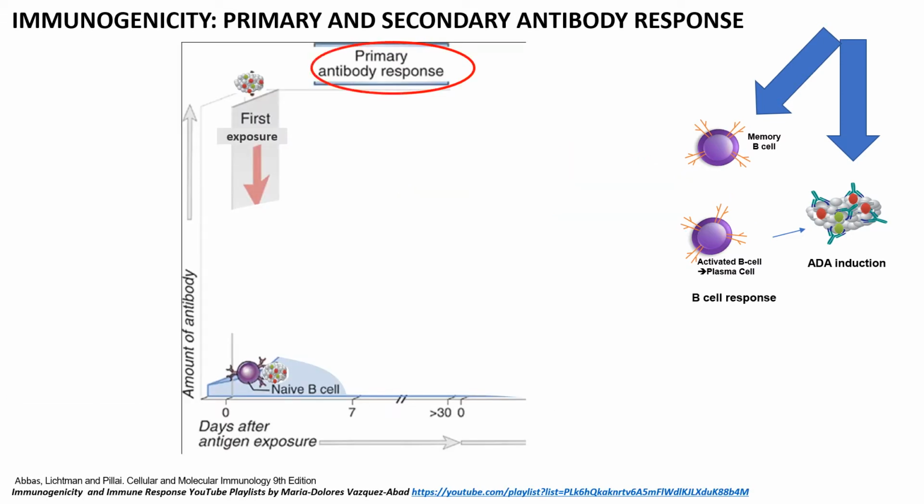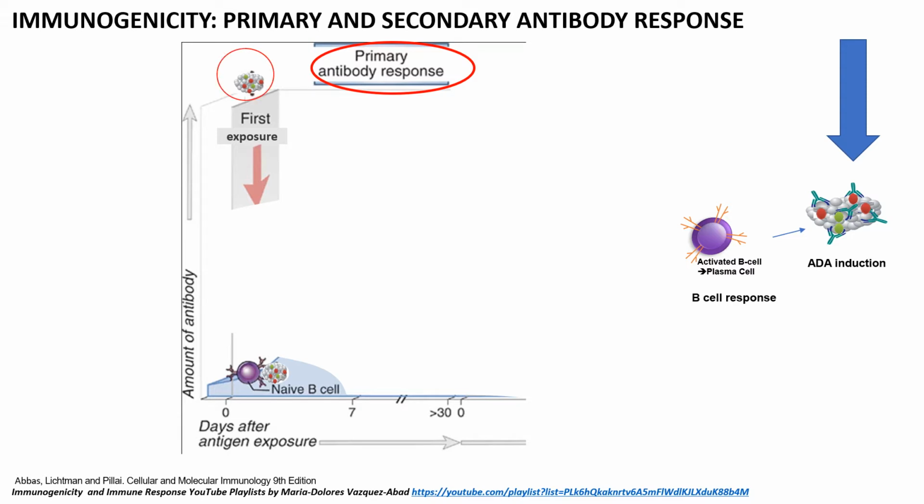Let's go over the primary antidrug antibody response. This is very similar to the primary antibody response to any other kind of antigen. For this primary antibody response to drugs, let's not talk about the memory cells right now.